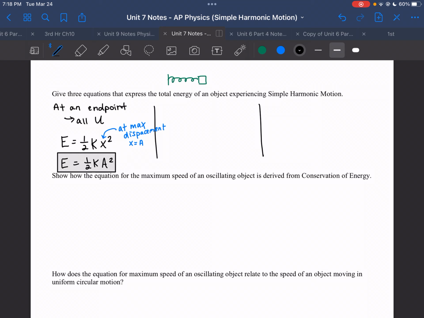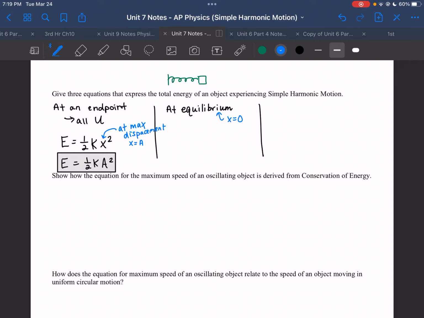The second location is when it's at equilibrium. This means that there is no net force on it. The spring is not being stretched. It's at a point where the net forces are balanced or 0. And so because of that, instead of x equals A, we're at x equals 0.